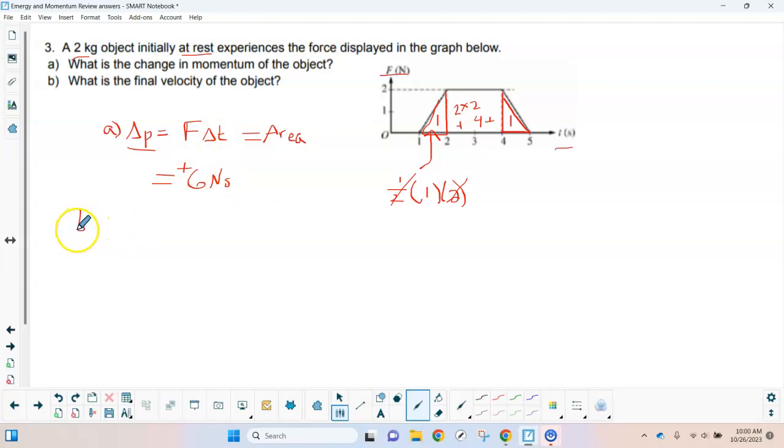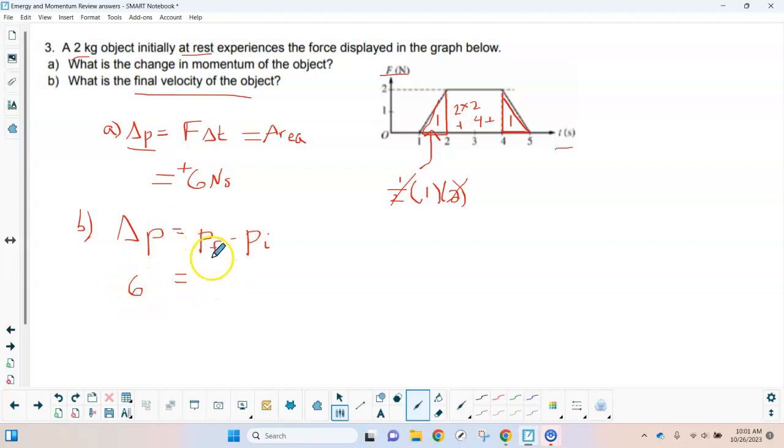So for part B, it wants to know what's the final velocity of this object. So we're going to use the other change in momentum equation for this one. So the change in momentum is the final minus the initial. And we're going to do the change in momentum was 6, positive 6.